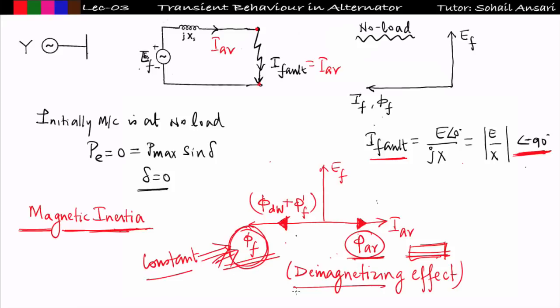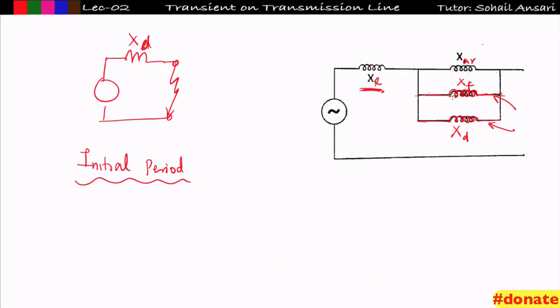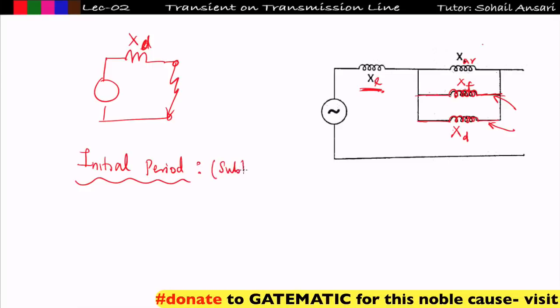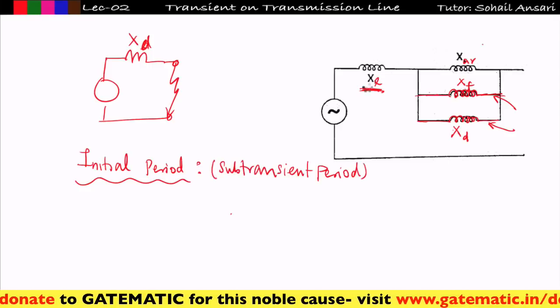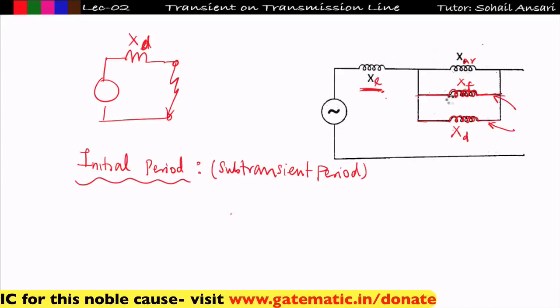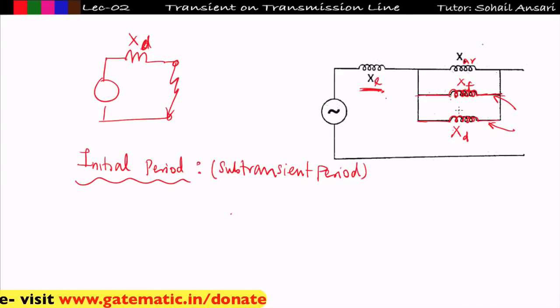Because of this demagnetizing effect, some extra flux will be induced in the damper winding as well as the field winding that will be AC in nature, and whose phasor will be exactly opposite to the armature phasor. Why? Because it tries to compensate whatever demagnetization occurs in the machine. So the equivalent circuit at the initial period, also known as the sub-transient period in a synchronous machine, has the leakage reactance, armature reactance, as well as field reactance and damper winding reactance.